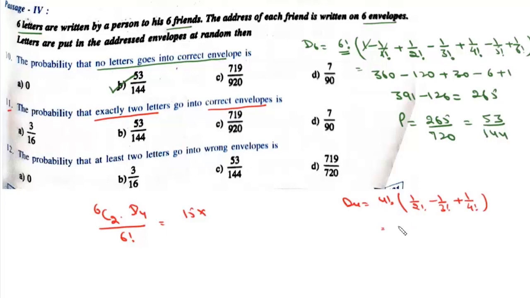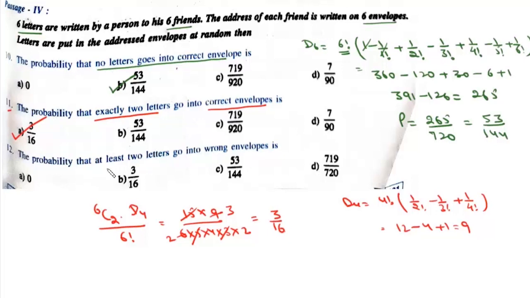Now this is 24 by 2, 12. 12 divided by 3, 4, and plus 1. So this is 9. So it will be 15 into 9 divided by 6, 5, 4, 3, and 2. Simplifying, this value will be simply 3 by 16. And that's your option A.